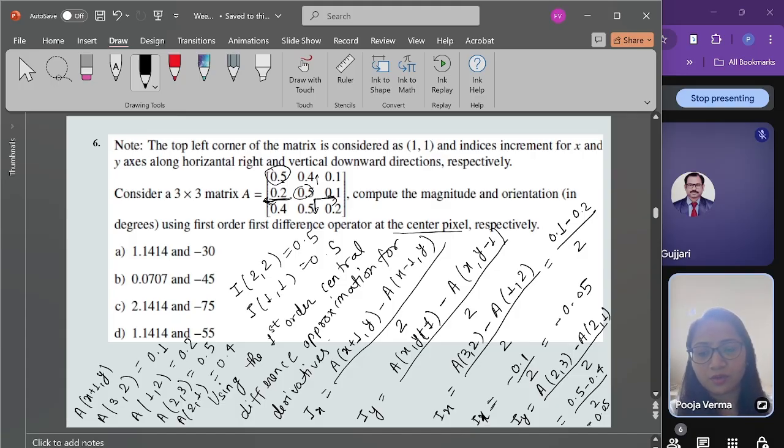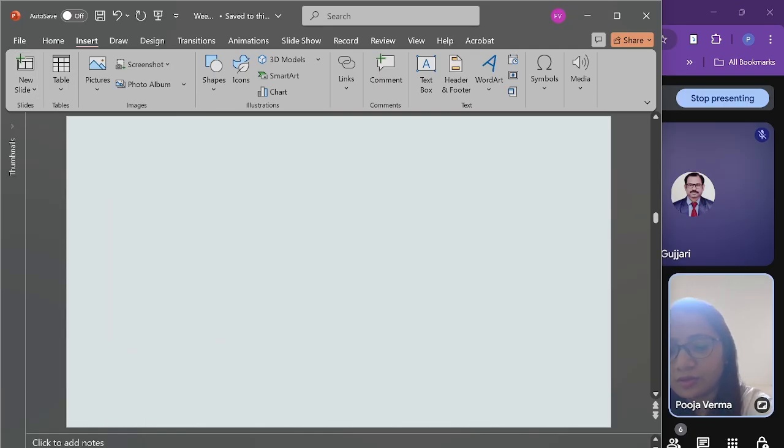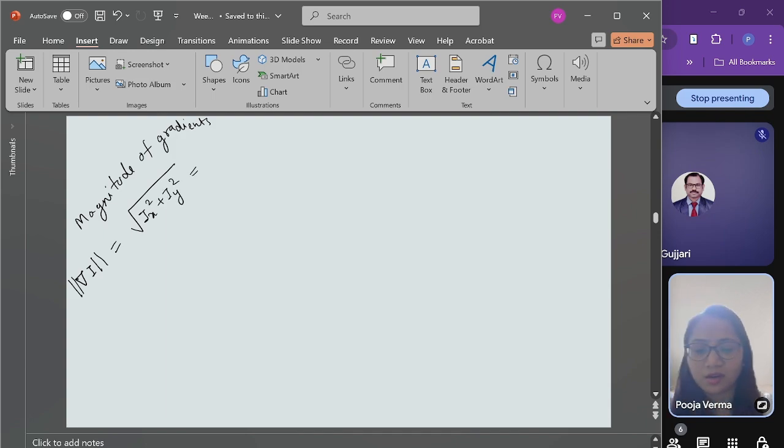Now to calculate the overall magnitude and orientation, or you can say the angle of that magnitude, take another slide. Let's first do the magnitude of gradient, which is del I, that is root of Ix square plus Iy square. Ix and Iy we have calculated.